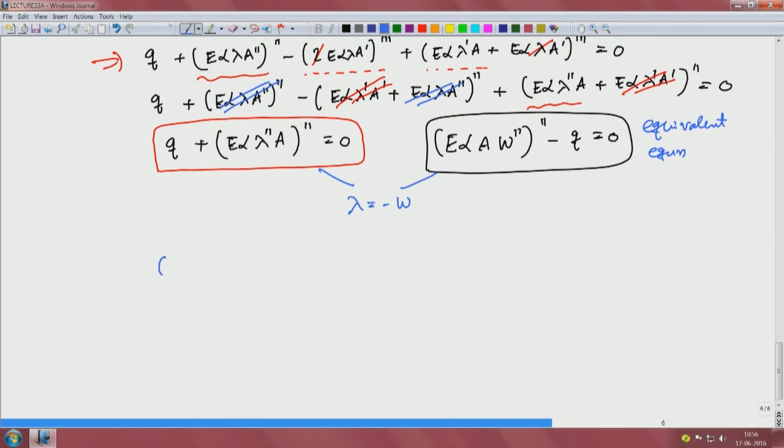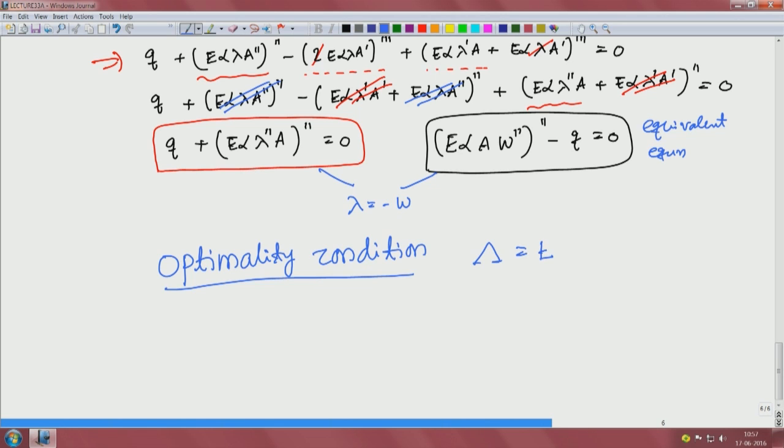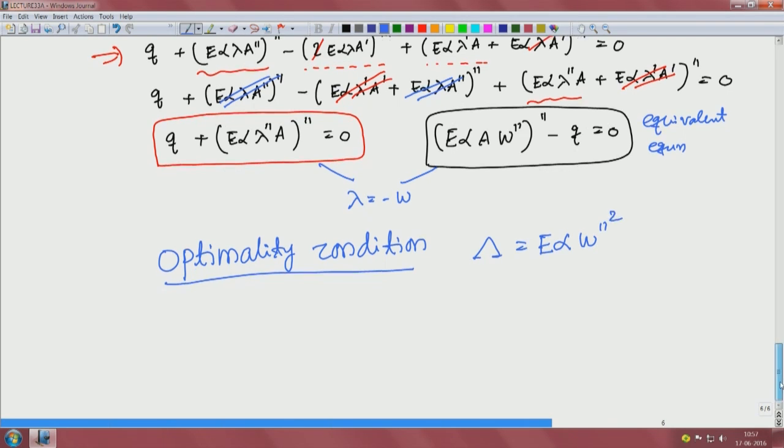So, the optimality condition here is lambda equal to E alpha W double prime square, right.